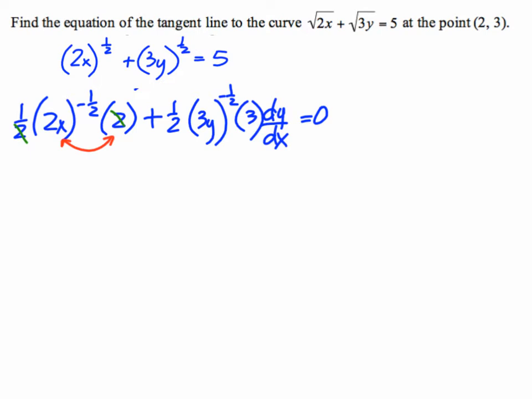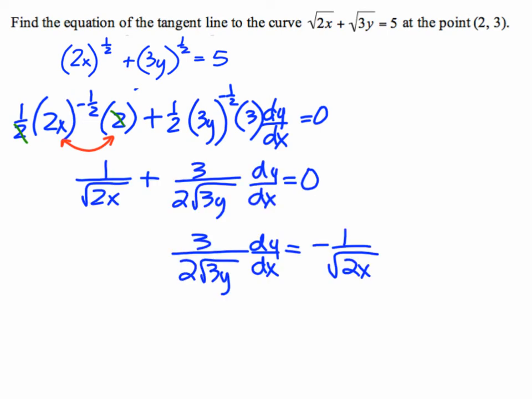Now I need to have dy over dx all by itself, so I'm going to simplify this a little bit. I change the negative 1/2 exponent to a radical in the denominator.